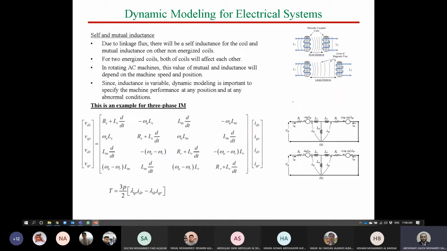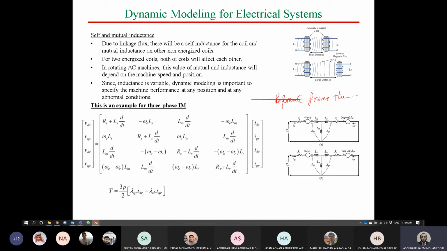There is a theory in electrical machines called reference frame theory. Reference frame theory, simply, is making a model for any machine and considering a certain frame for the operation.